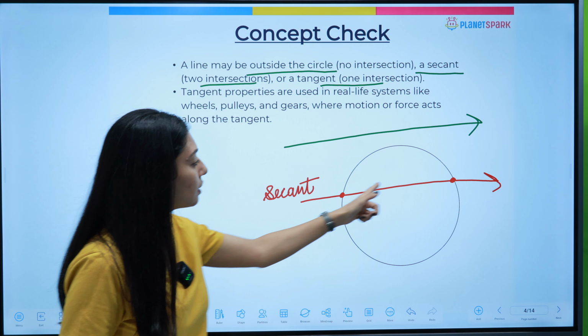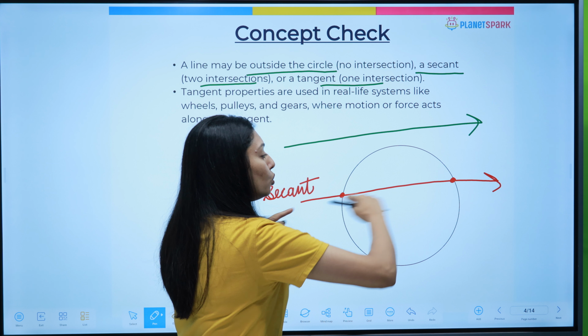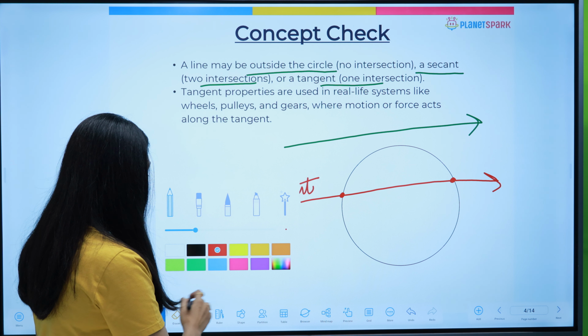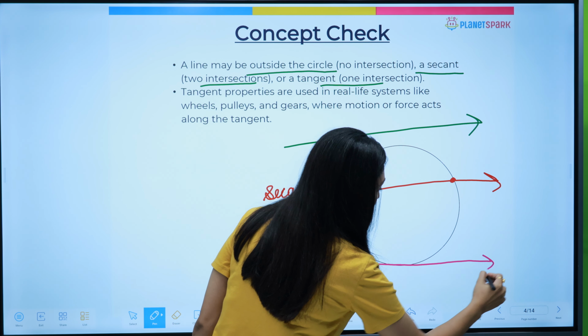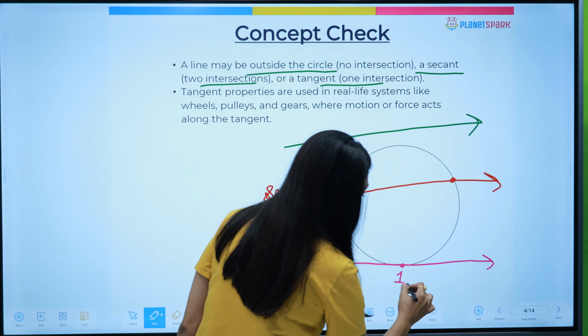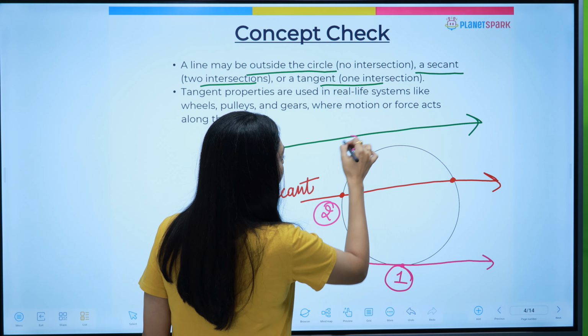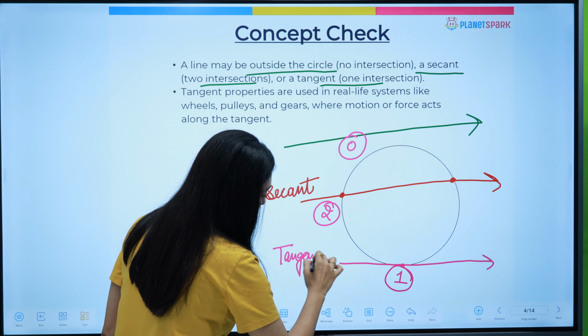Because it is joining 2 points on the boundary of the circle, just this portion, right? पूरी line की अगर हम बात करें, that is secant to the circle. And the third case, as we just discussed, when it just touches the circle, one point of intersection, right? 1, 2 and here 0. Then it becomes a tangent to a circle.